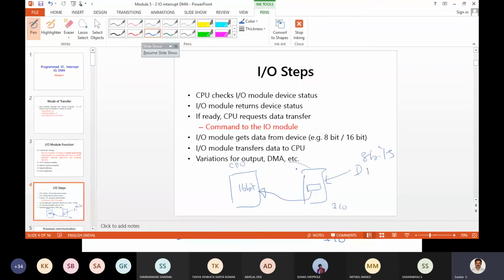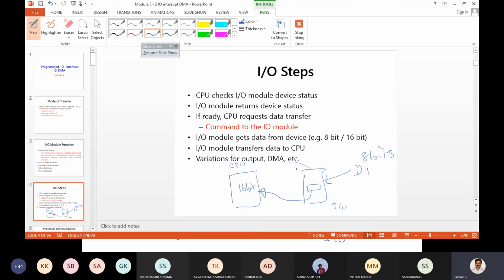So what is the need of the status register? The status register automatically gets updated whenever the connected devices are ready. In a single IO module, we can connect only one device or multiple devices. Accordingly, the size of the status register will vary.